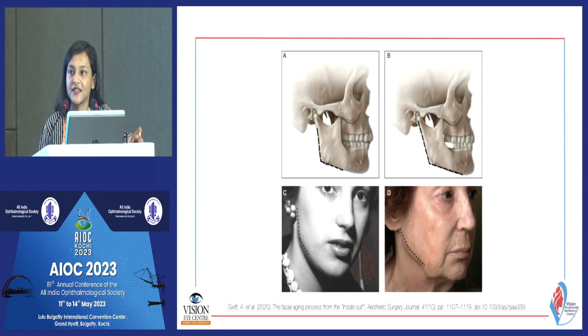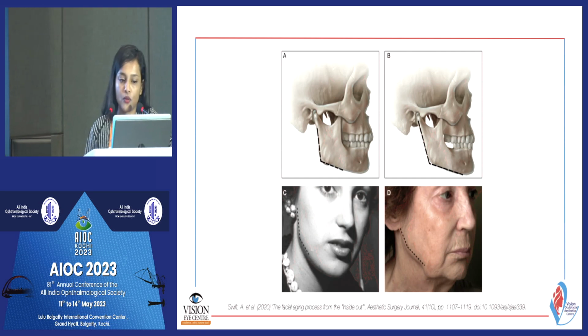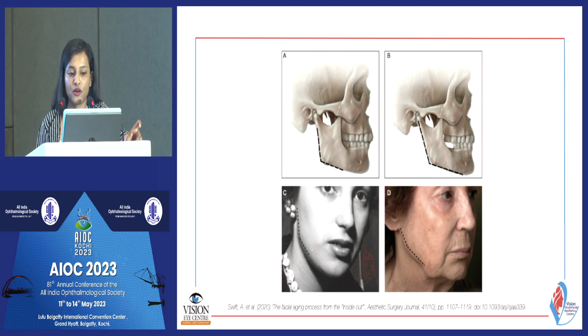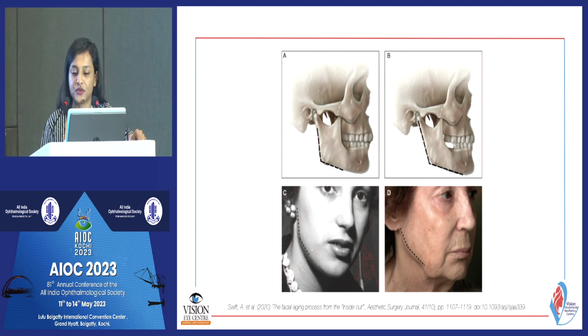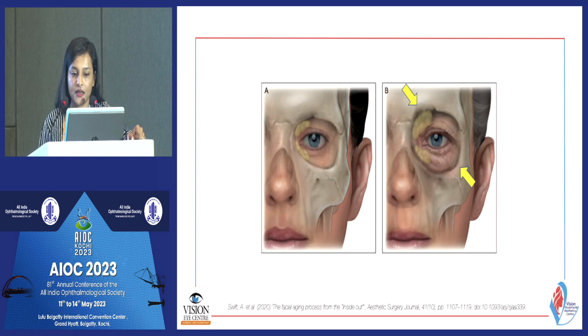Now, progressively, the bone keeps remodeling with age, and areas resorb in a very predictable manner. So, in this, you can see that the mandibular angle becomes more and more obtuse with age. So, if we know exactly how the angle would have been earlier, even if you don't have any older pictures, you can plan treatment accordingly.